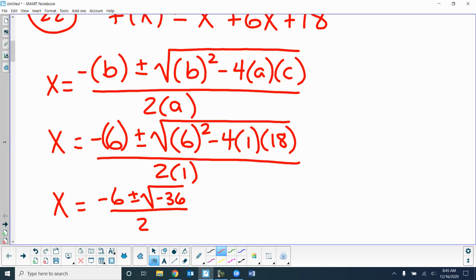But it's negative, so it's what? 6i, right? Is that acceptable? No, it's a good answer, but we're not finished. Why? Because I can simplify. 2 goes into all 3 of those, right? Yeah. So I would be looking for this.